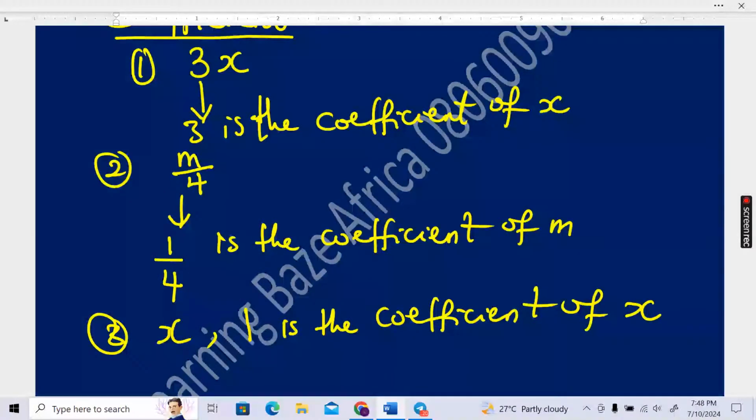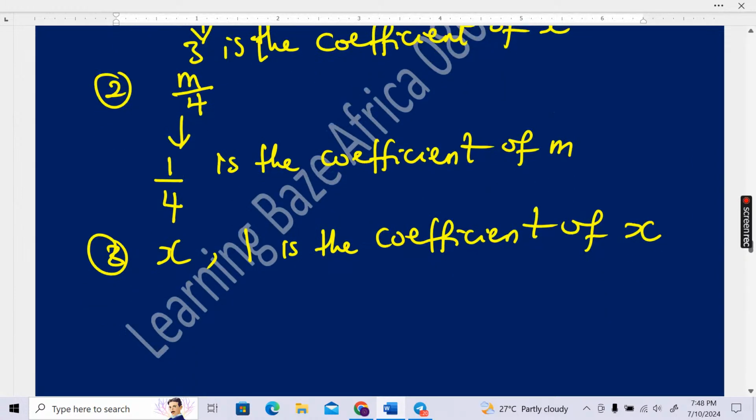Anytime you are not seeing any number beside a letter, the coefficient of that letter is 1. Coefficient is the number that is multiplying the unknown.